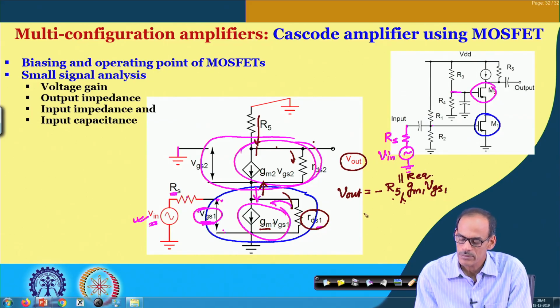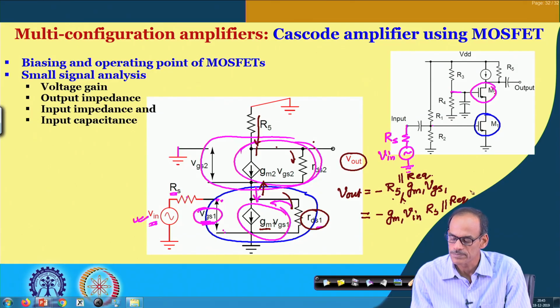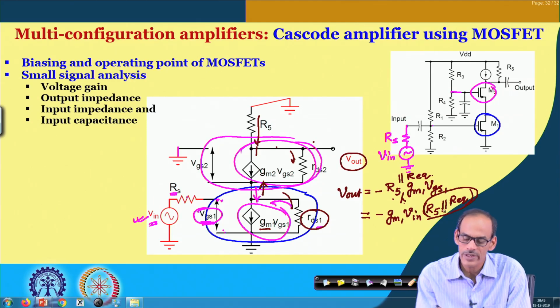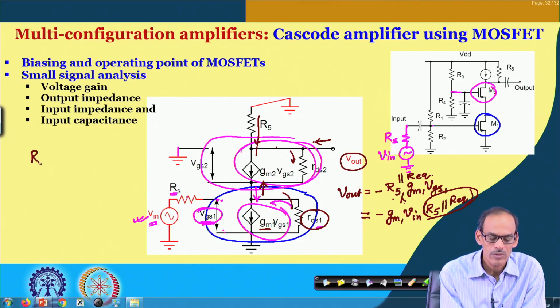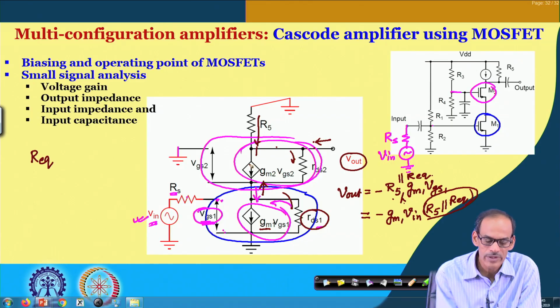In fact, it can be shown that this final Vout is minus gm1 into VGS1, which is Vin, multiplied by RD in parallel with Requivalent. In fact, this is the output resistance. So, if you look into this circuit, that is the output resistance, and we also have discussed the equivalent resistance for such kind of circuit.